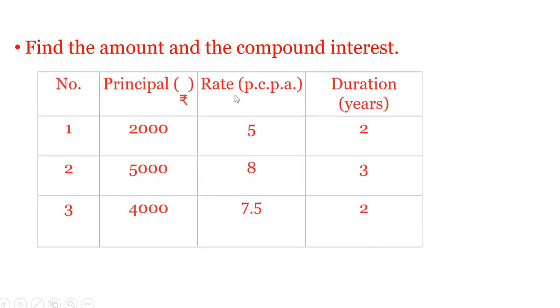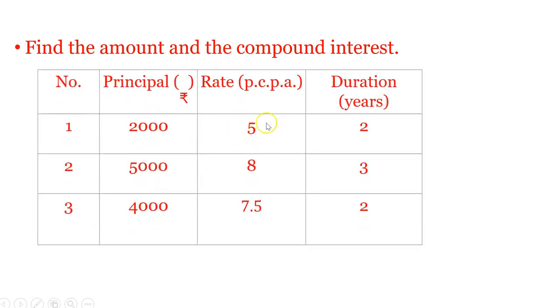Now we'll see practice set 14.1. Find the amount and the compound interest using this table. The information is given: principal, the rate, and the duration.